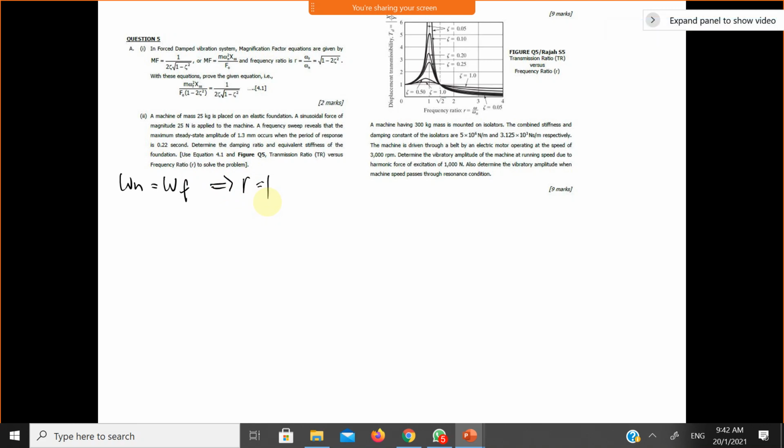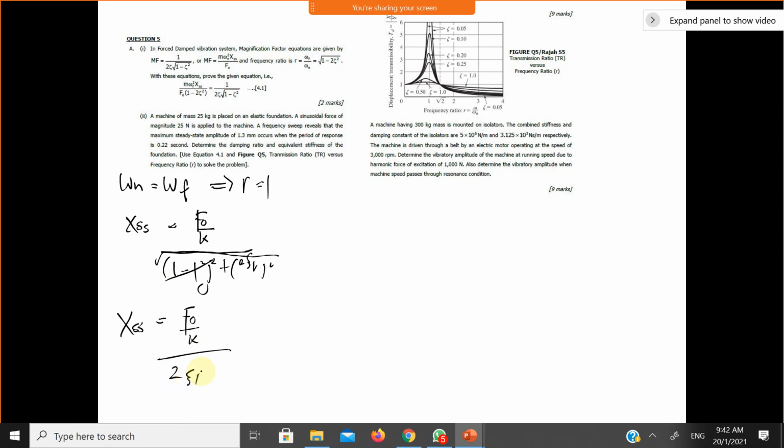So once we know R equals 1, we put it directly into the formula. XSS equals F0 over K over the square root of (1 minus 1) squared plus (2 zeta R) squared. So this is 0, and what remains is F0 over K times 2 zeta R.